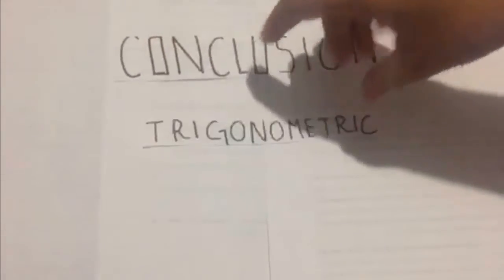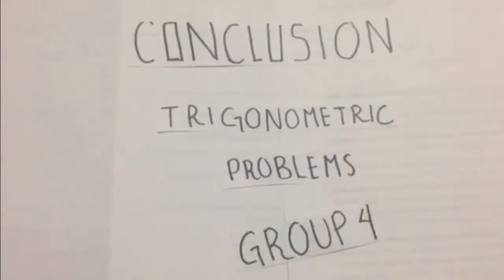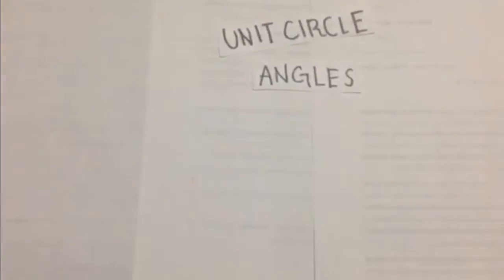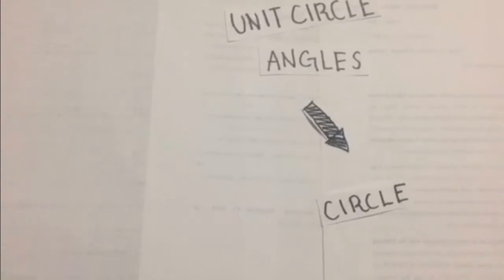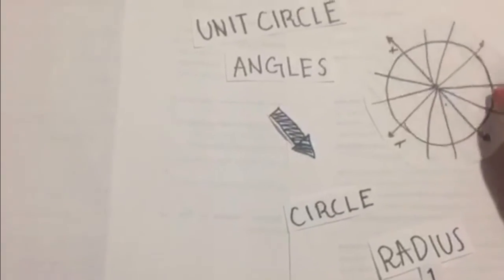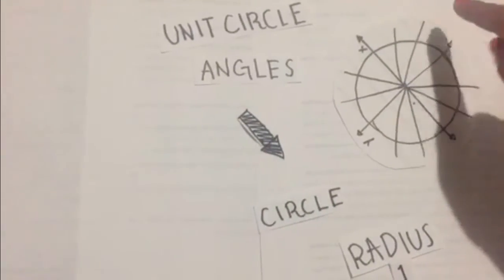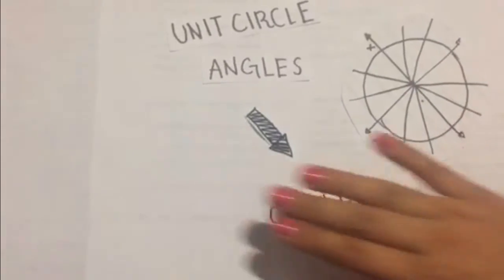This is a conclusion of the trigonometric problems of group number 4. The unit circle is important because between certain angles inside the circle with a radius of 1 it allows special coordinates to be located where the circumference and the line determined by a single angle intersect.